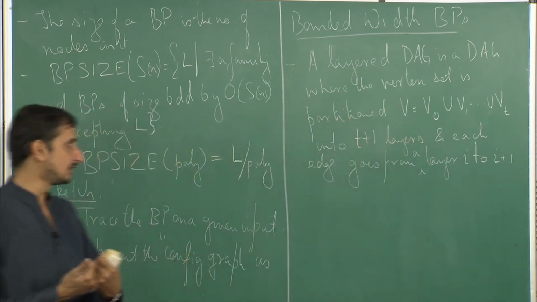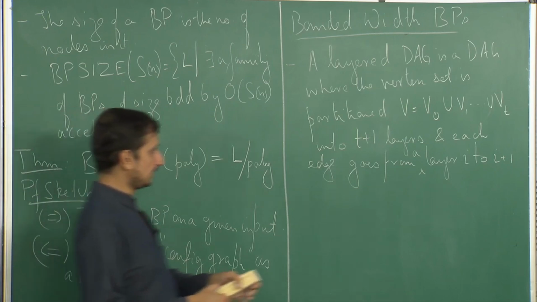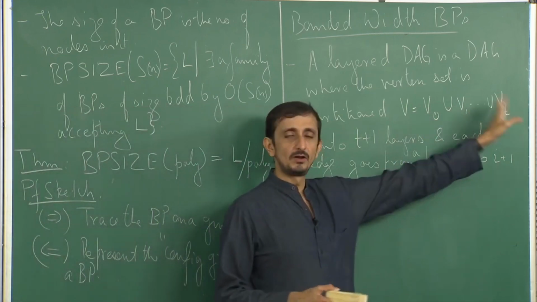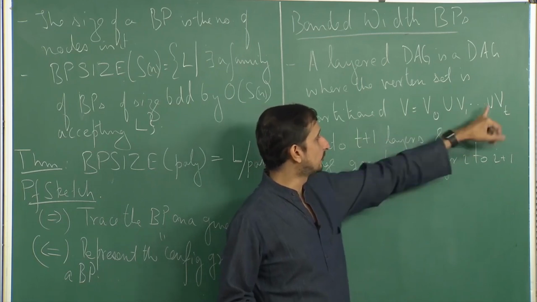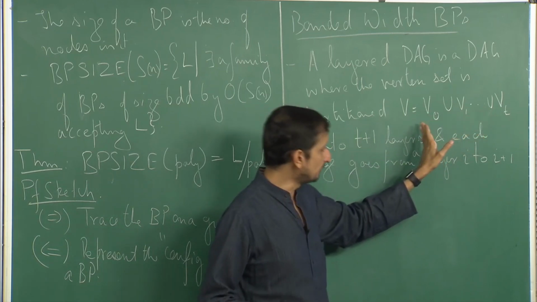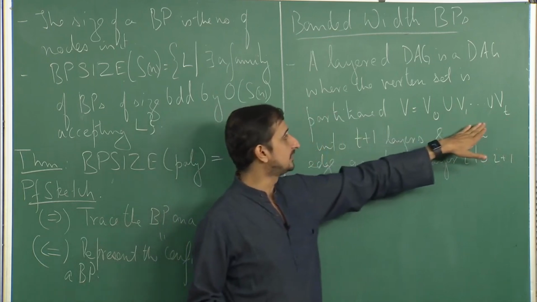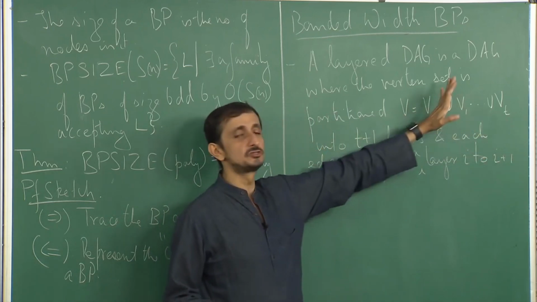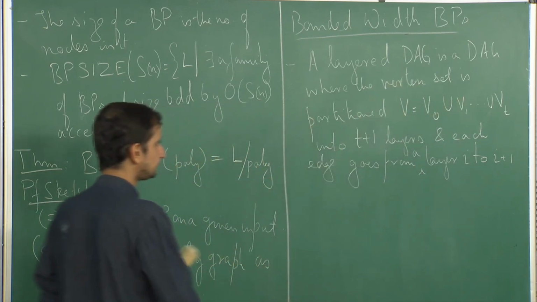Okay, so each edge of the DAG goes from a layer I to a layer I plus 1, and this is a partition, which means that the union of all these vertex sets, which are called layers, gives me V, and they are pairwise disjoint, so no vertex belongs to more than one layer.